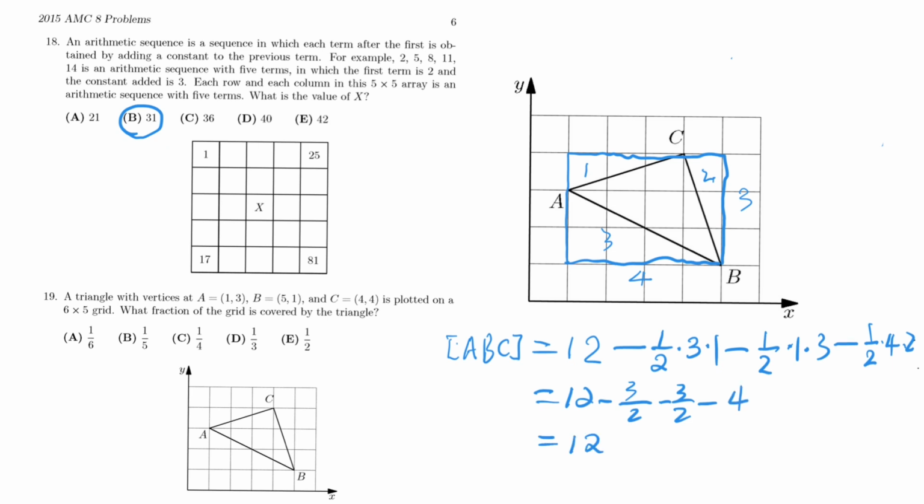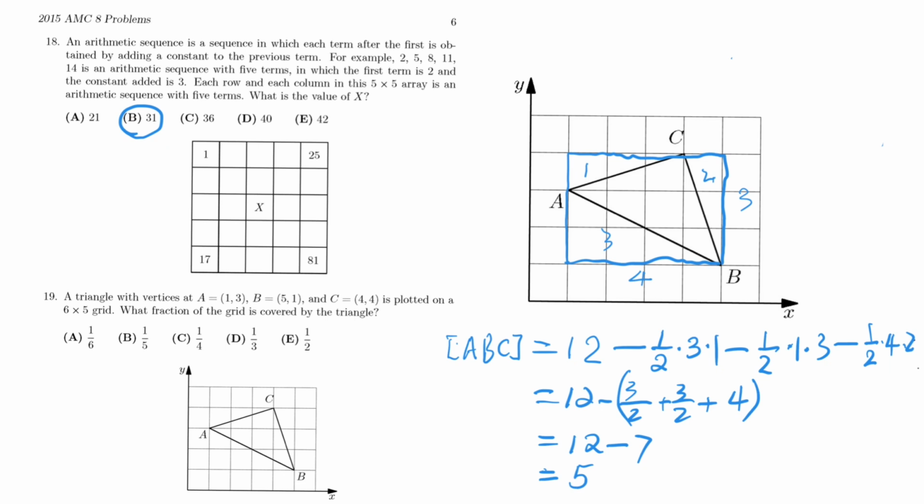Now calculate 12 minus 3 over 2, minus 3 over 2, minus 4. Equal to 12 minus, we add these three parts together. That's 6 over 2, that's 3. 3 plus 4 is 7. 12 minus 7 is 5. So the area of ABC is 5.